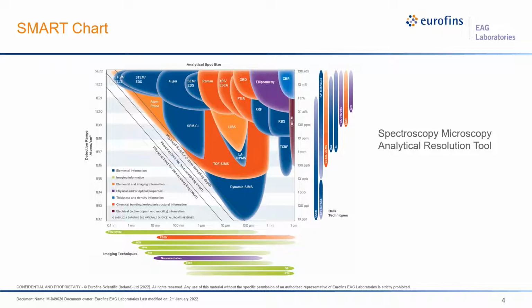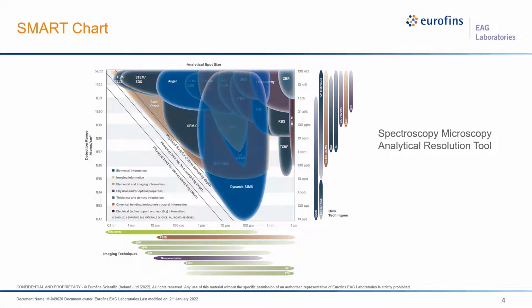Whereas on the vertical axis, these are bulk techniques, and they will not give you any in-depth distribution values. It gives you an average concentration in a volume of material. And again, the extent of these curves shows the detection limit of each of these individual techniques.